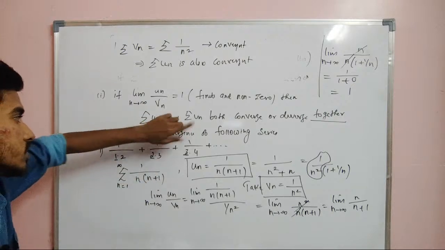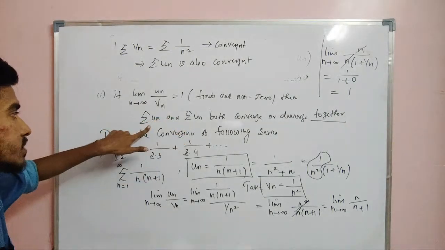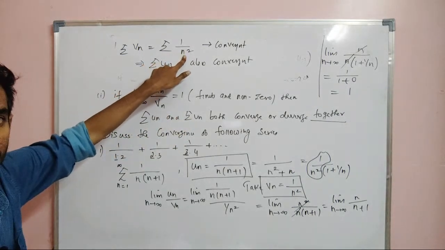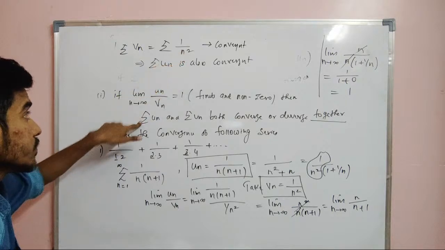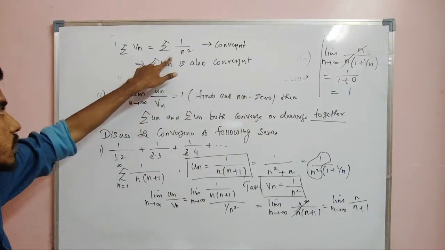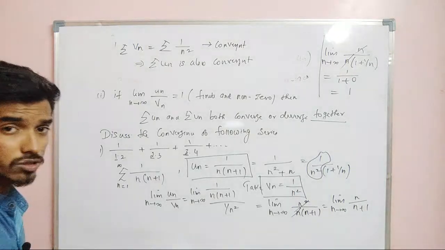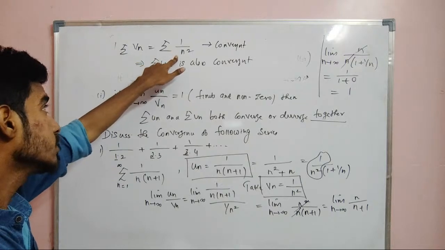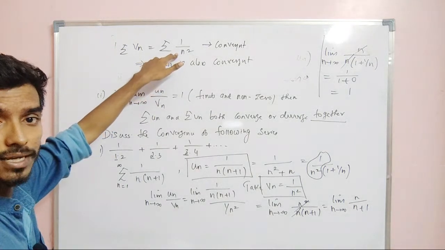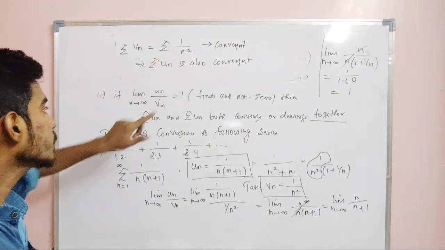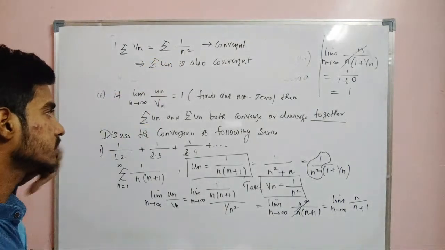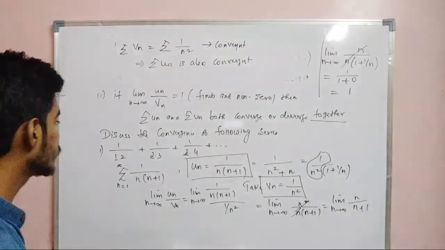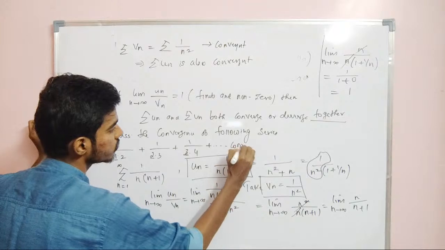If summation Vn is divergent, suppose I have Vn equal to 1 by n, then summation 1 by n is divergent, therefore summation Un also is divergent by this test. But since summation Vn is convergent, Un is also convergent, so therefore this series is convergent.